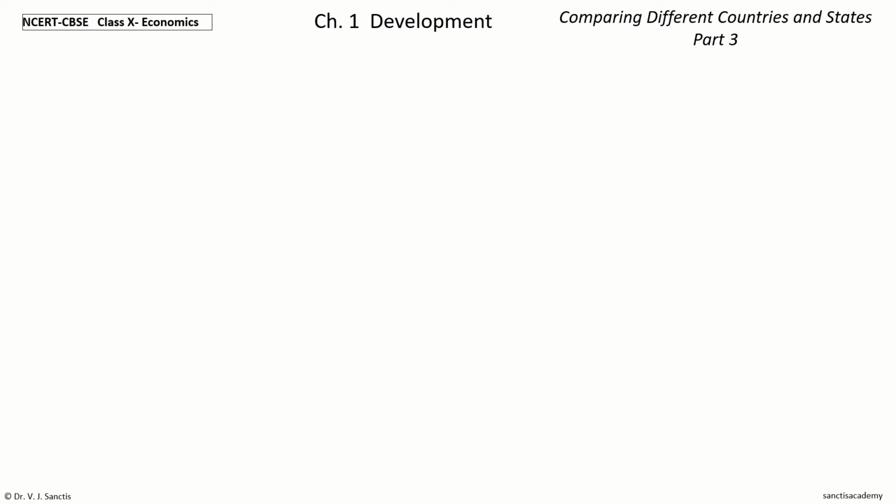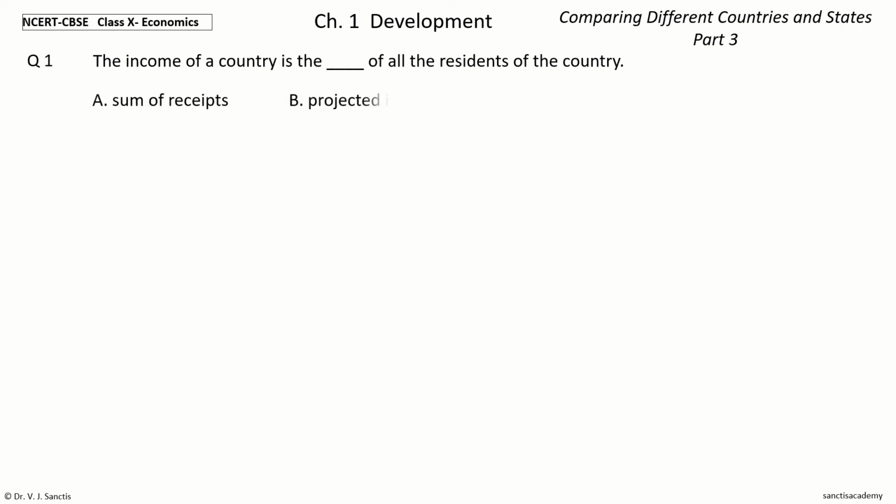This comprises 18 questions. Question 1. The income of a country is the dash of all the residents of the country. The options are sum of receipts, projected incomes, net worth, total of all the incomes.